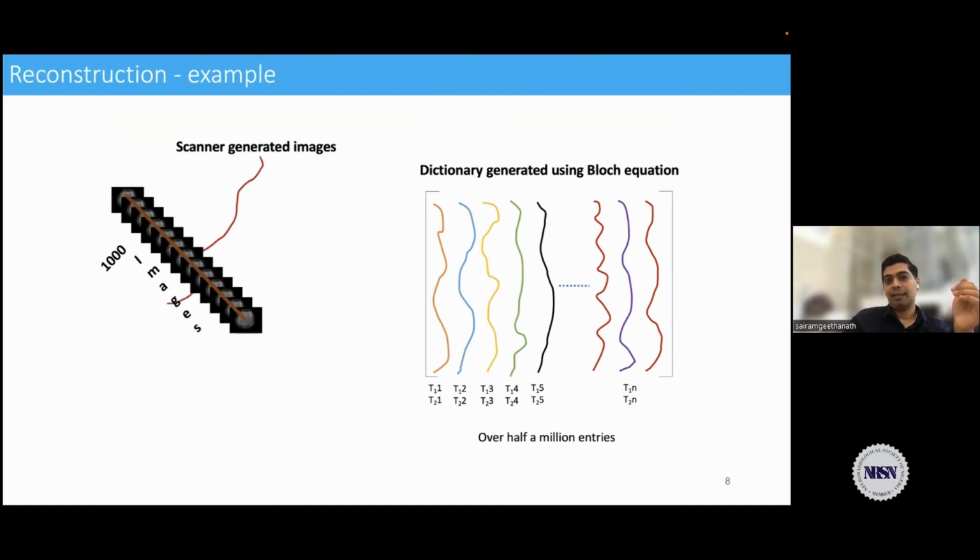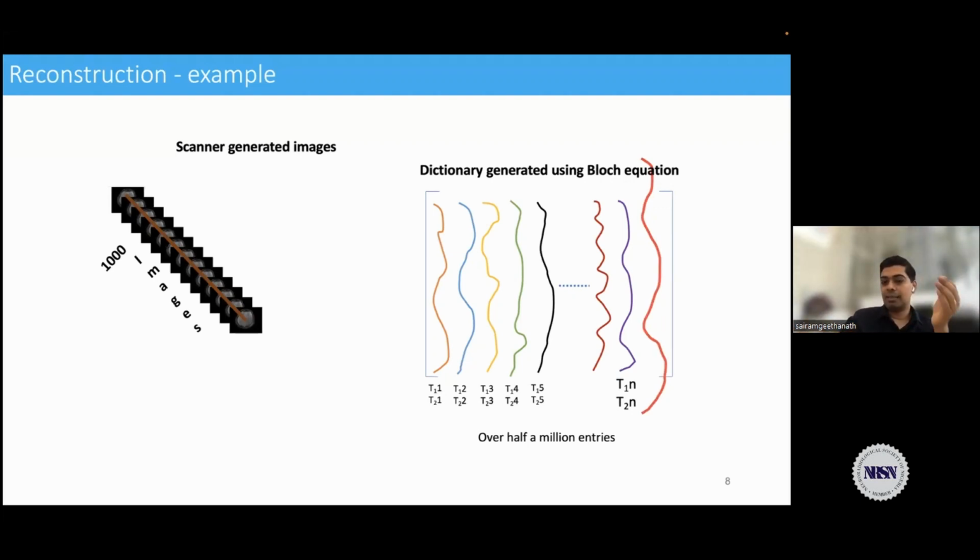And then you go and you match it with your dictionary that you've already generated based on simulation. The entry that matches, the key to that would be a T1, T2, and of course, as you can imagine, you can have more parameters such as flow, ADC, even pH, and things like that.